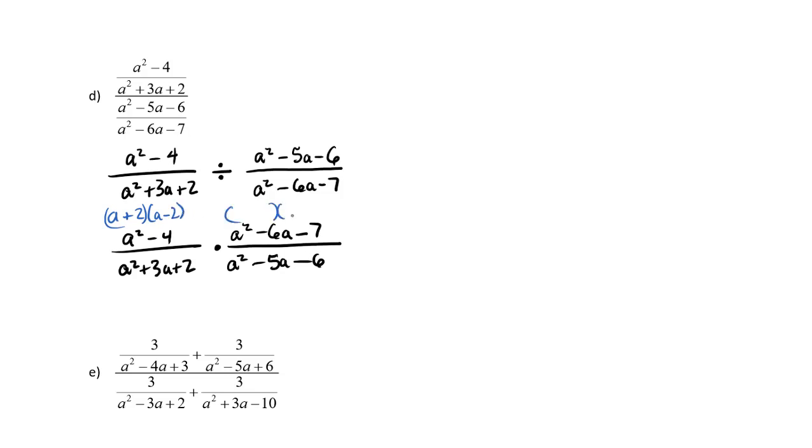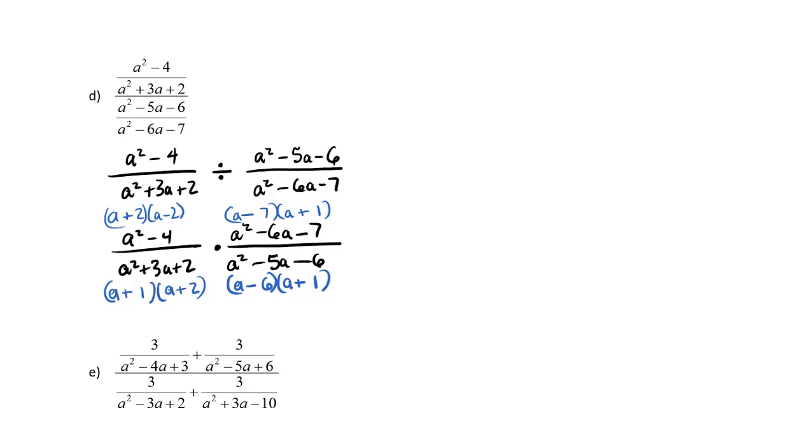I'll have an a minus 7 and a plus 1. Those are both the numerator factors. In the denominator, I'll have an a plus 1 and an a plus 2. And the last trinomial will factor to an a minus 6, a plus 1.